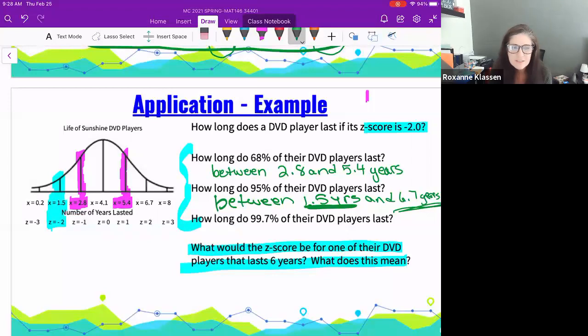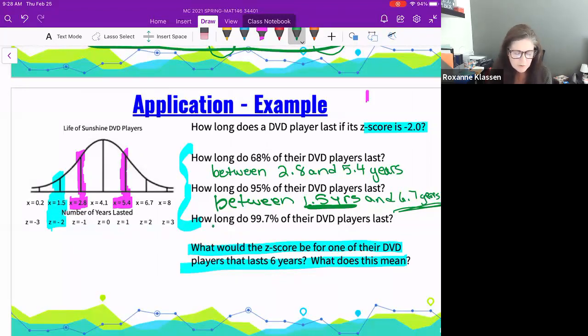But what this is telling us is just 95% of the Sunshine DVD players should last between 1.5 years and 6.7 years. So if you buy a Sunshine DVD player and it only lasts 6 months, it's a rare occurrence, right? Because 95% of the time, it would last at least 1.5 years. Does that help you guys understand what this is telling us better?